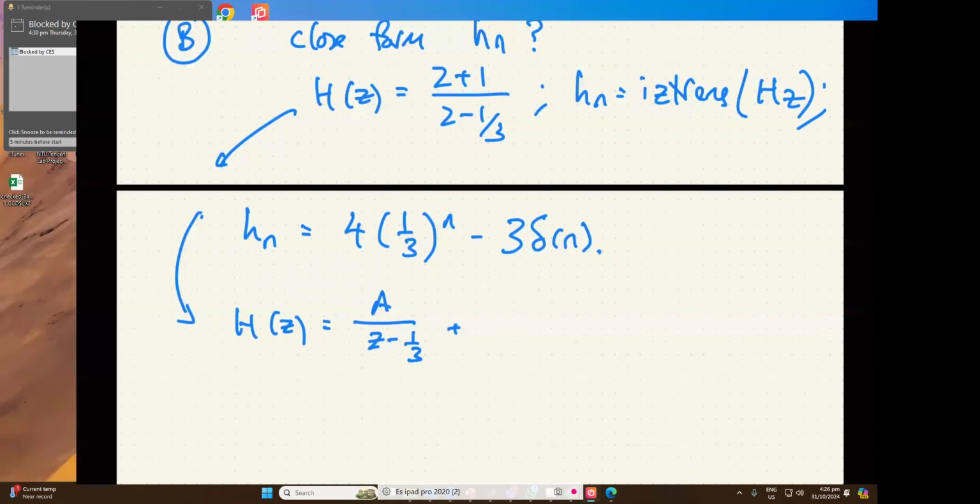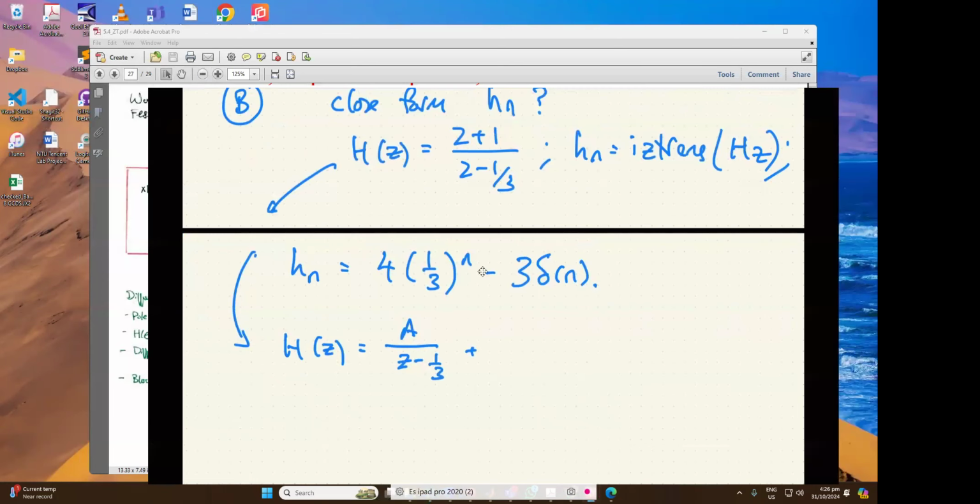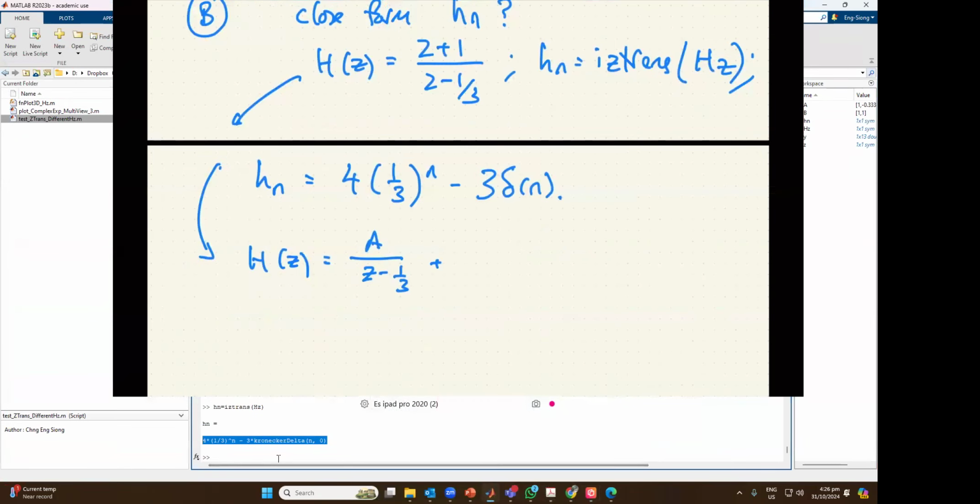Okay, I'm just going to cheat as usual. residue z, 1, 1, 1, minus 1/3.